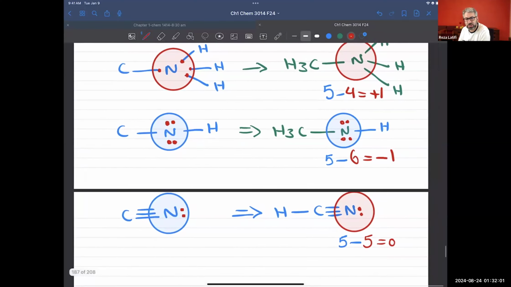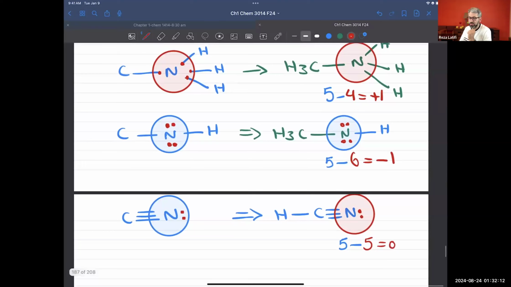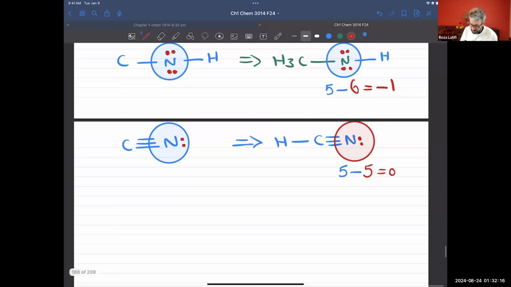So how did we get to 0 formal charge? We made 3 bonds with nitrogen, which technically made the formal charge 0. So we got 3 bonds plus 1 lone pair.